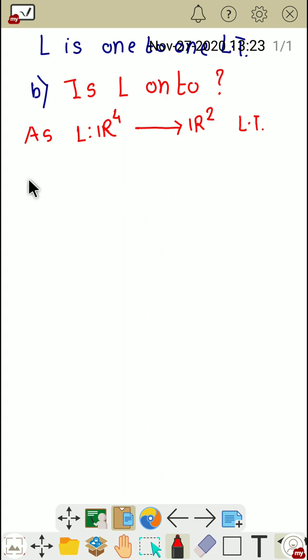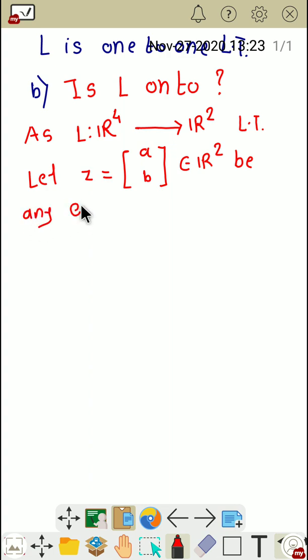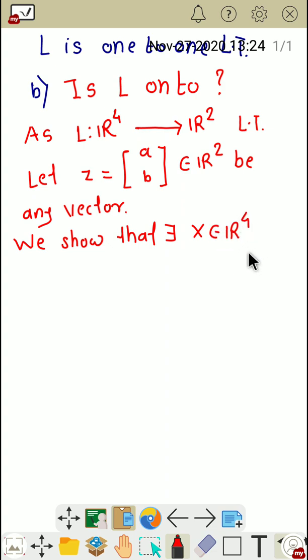Okay, so let us take z equal to (a, b), which belongs to R2, be any element or any vector, and we show that there exists a vector x belongs to R4 such that the value of L under x is equal to z. So if we are able to find that x, then we can say that L is an onto function.